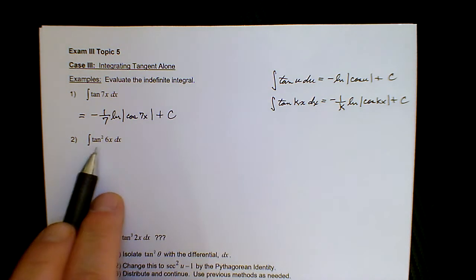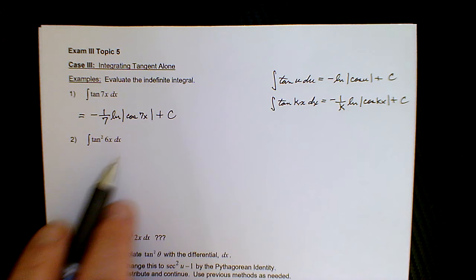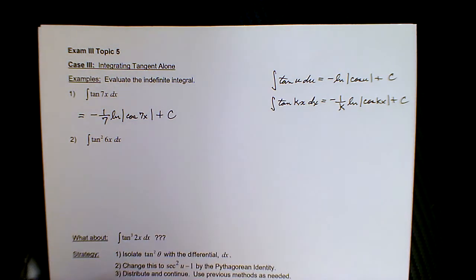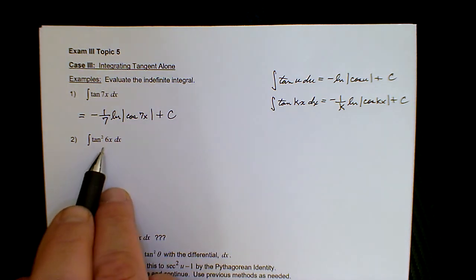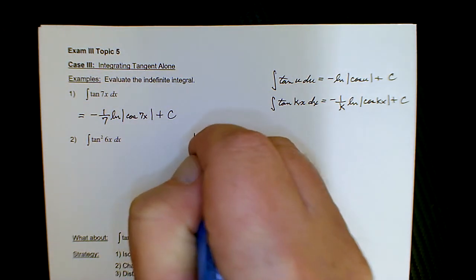Now when we get to tangent squared, there's a little bit of an issue because in all of our previous cases, case 1 and case 2, we generated a derivative, either the secant squared or a secant tangent, and then we were able to use our little procedure to make u substitutions. But here, tangent squared is not the derivative of anything, so the only thing we could do is consider using our Pythagorean identity.